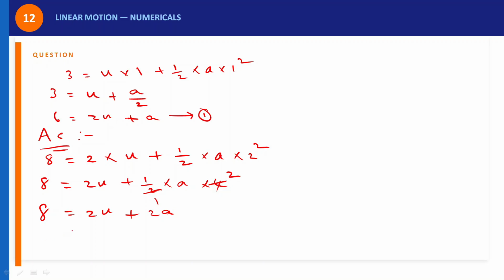I will take 2 common out from the right hand side. 8 equal to 2 of u plus a. Finally we have 4 equal to u plus a. This is the second equation.